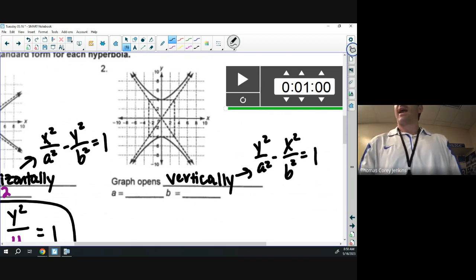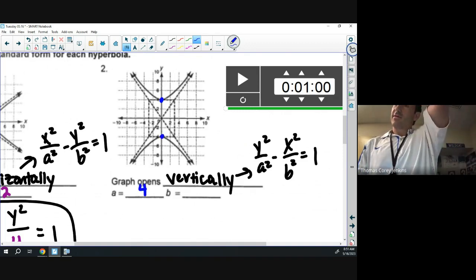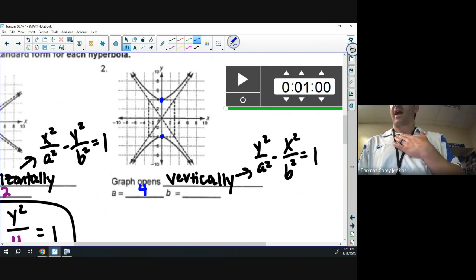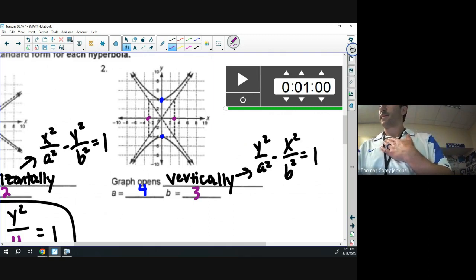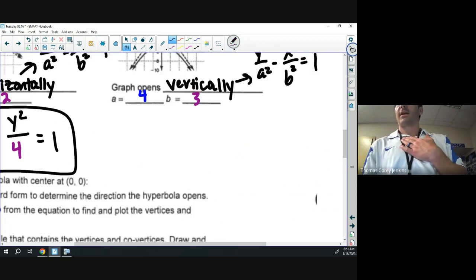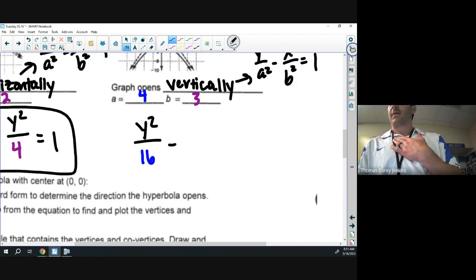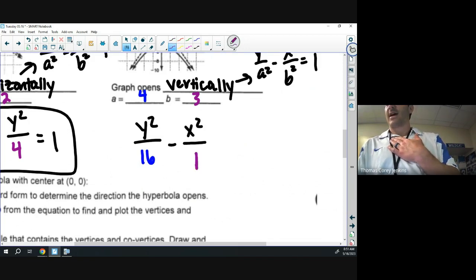Okay, a is going to be 4 because of your 0, plus or minus 4 points, and then b, other axis, is going to be 3. When we plug in, we end up with the equation y squared over a squared is 16 minus x squared over 3 squared is 9, always equals 1.